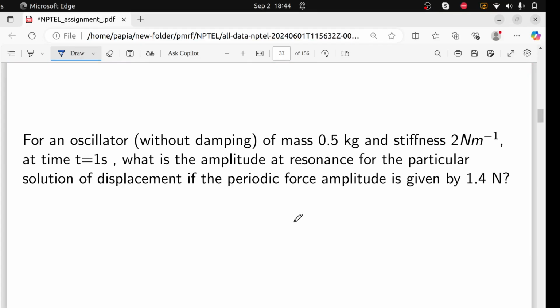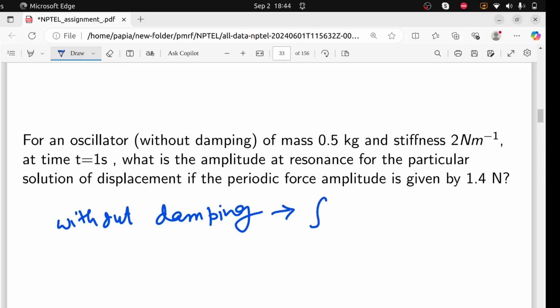Okay, so now this is a question. For an oscillator without damping, first of all it says without damping, so damping is zero here, which means lambda is 0.